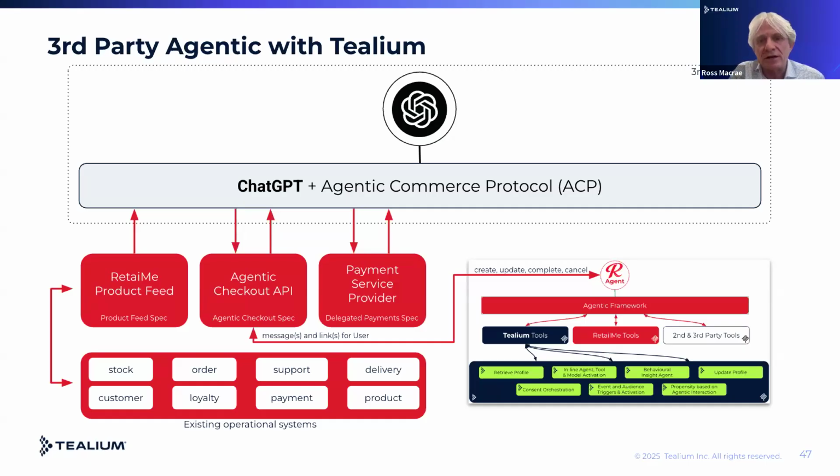Just touching on Google's Universal Commerce Protocol, it actually goes a little bit further. If you look at their documentation, it confirms that merchants have the option to provide an embedded checkout URL, a bit like the second-party agentic app where you're providing an app.